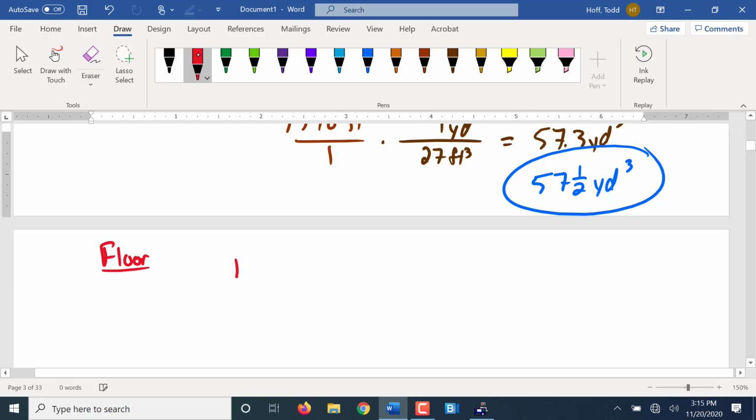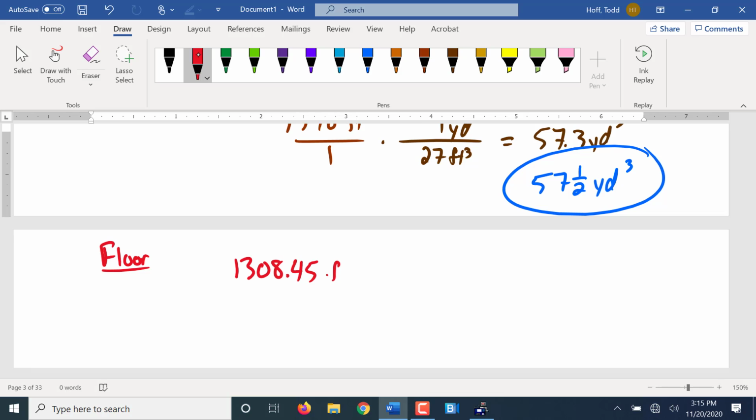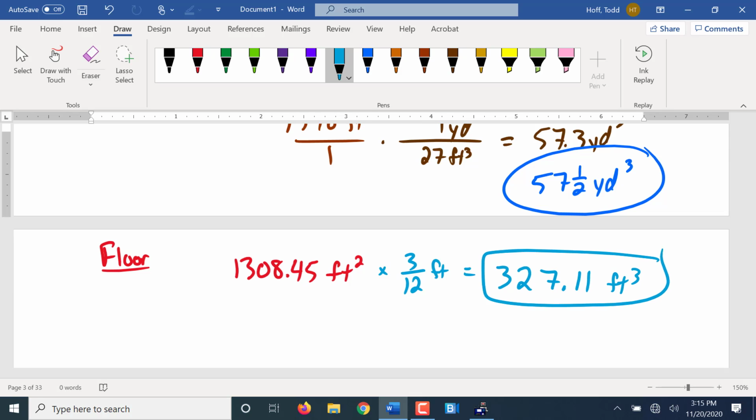So the area is 1,308, we're going to round it up to .45 square feet. We said the thickness was 3 inches, so 3/12 of a foot, which gives us 327.11 cubic feet.